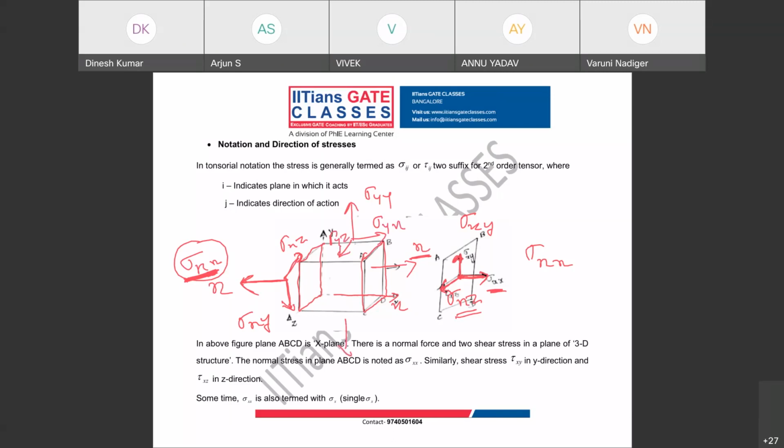But if you take this bottom, it is sigma yy. So then corresponding directions will be this and this. So this is how you have to draw your stresses using this sign convention on a three-dimensional stress system.